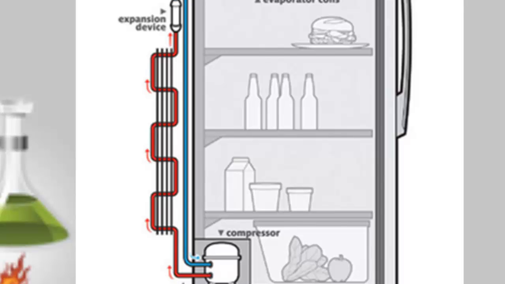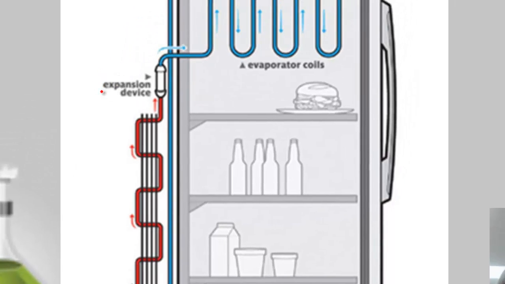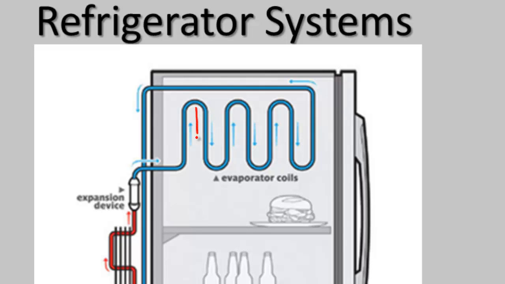Okay, so now pick me a new system. Let's try those evaporating coils. Okay, so this will be my system now. And what we've got here in the beginning is cold, super high pressure liquid, and it's a coolant.